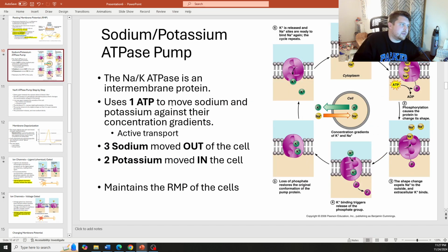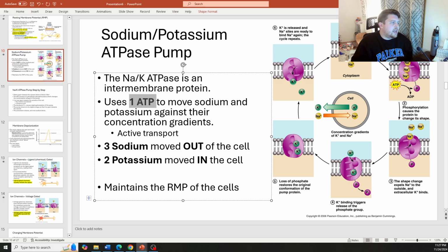The sodium-potassium ATPase pump is a transmembrane protein, and it uses one ATP to move sodium and potassium against their concentration gradients. What that means is there's lots of sodium on the outside, so typically if we left everything open, sodium wants to come inside the cell because everything likes to go from high concentration to low concentration.